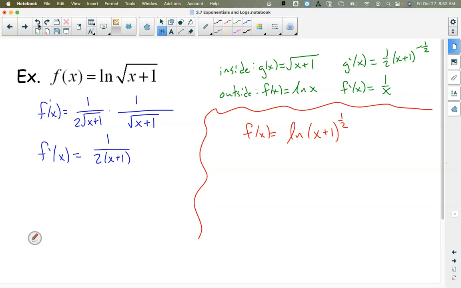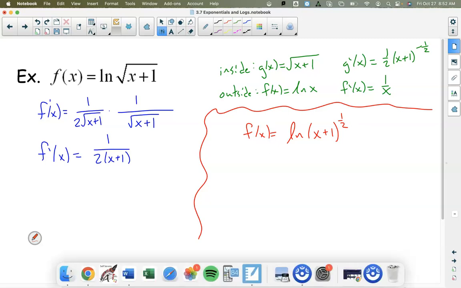Isn't the natural log of the square root of x plus 1 just the natural log of x plus 1 to the 1/2? And then you see that 1/2 exponent and you remember, hey, in logarithms, if I have an exponent, what can I do with that exponent inside the logarithm? I can bring it to the front.